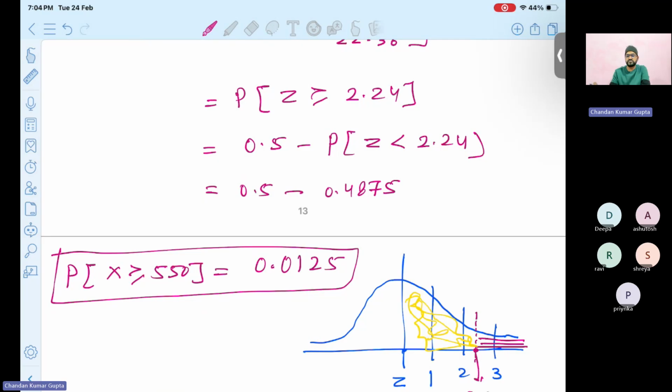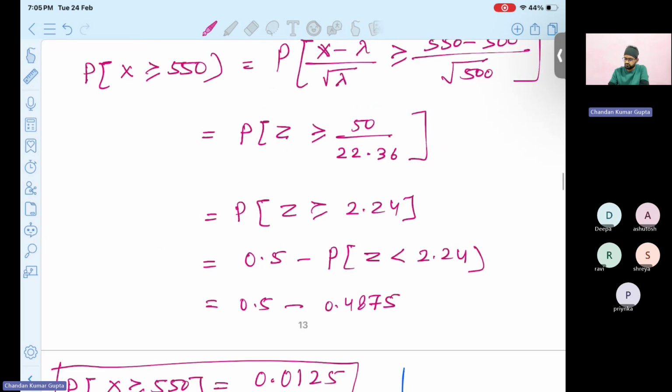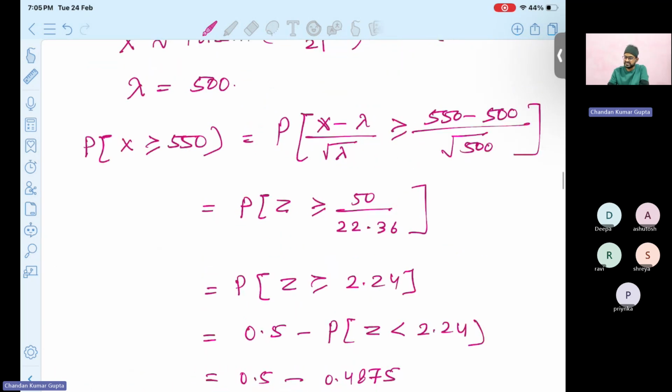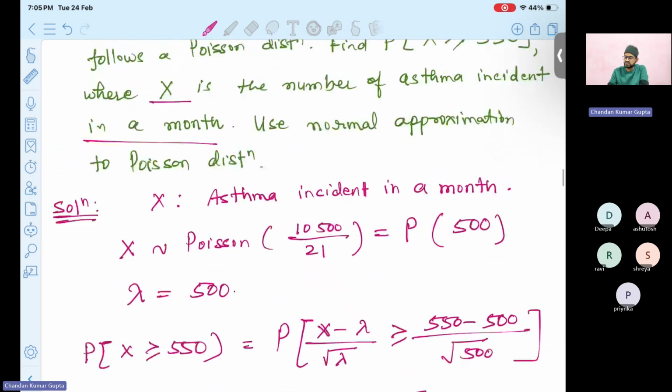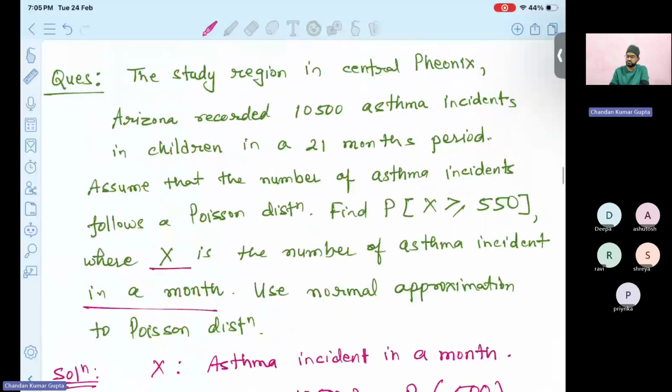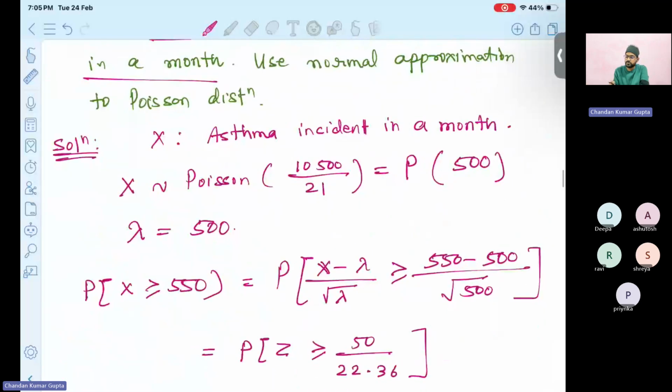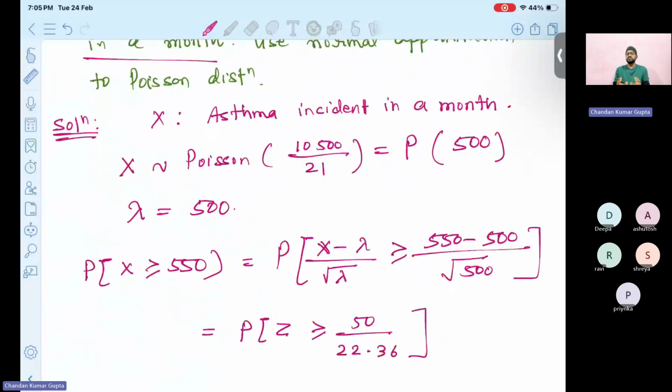Up to this point, if anyone has any doubt, please ask. If not, let me introduce one more topic in this question. Since we are discussing the Poisson distribution, which is discrete in nature, and then approximating it with the normal distribution, there is one continuity correction, the correction from a discrete to a continuous random variable.